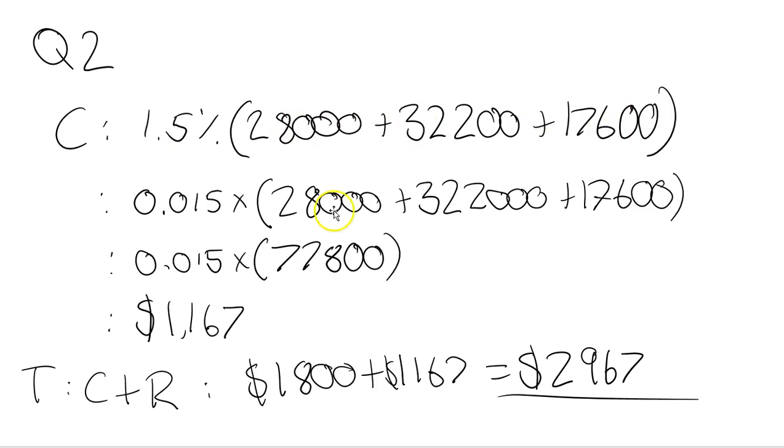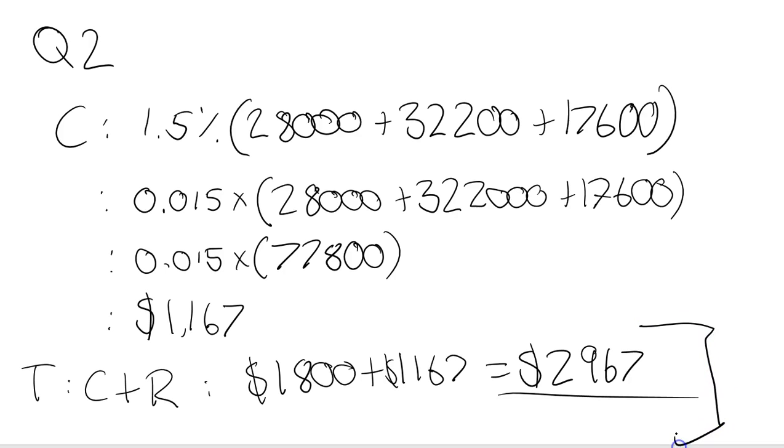You can add up these amounts separately, but multiplying 1.5%, which is 0.015, into the brackets gives us $1,167. And adding that to the retainer amount gives us our total of $2,967 for the week.